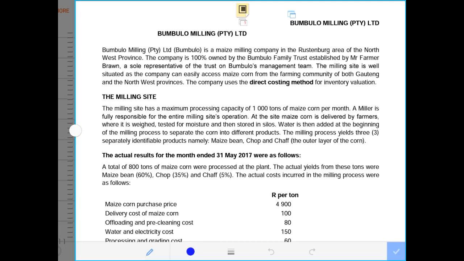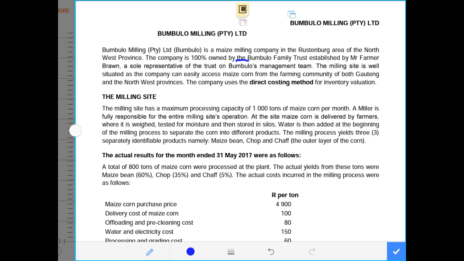The company is 100% owned by the BUMBULO Family Trust, established by Mr. Farmer Brown, a sole representative of the trust on BUMBULO's management team. The milling site is well situated as the company can easily access maize corn from the farming community of both Gauteng and the Northwest provinces.